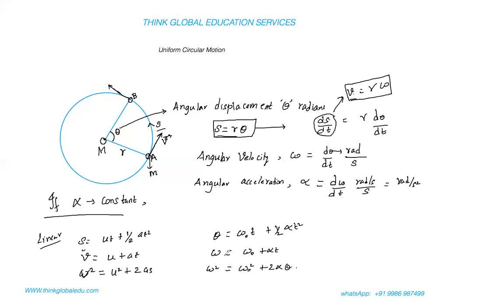These are the equations of motion if the angular acceleration is constant. In a uniform circular motion, the angular acceleration is constant, so we can write the equations of motion for an object which travels in a circular path.